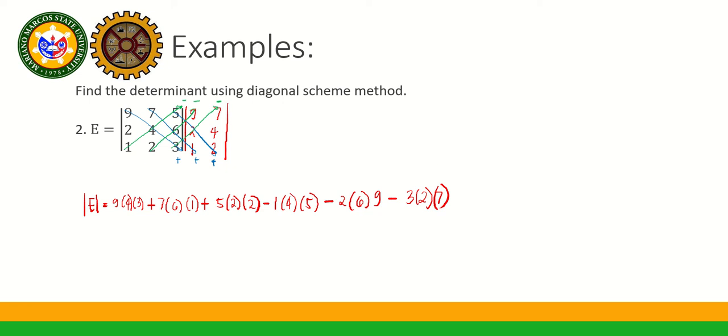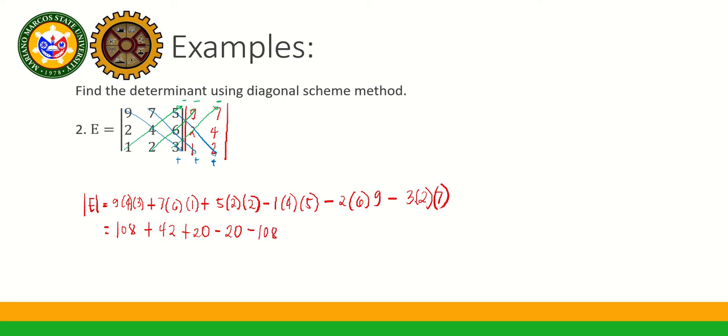So, ngayon, magsisimplify na tayo. So, this will be equal to 9 times 4 times 3 is 108. Okay? And then 7 times 6 times 1 is 42. 5 times 2 times 2 is 20. 1 times 4 times 5 is 20. Okay, so minus 20. Negative 2 times 6 times 9, that is negative 108.